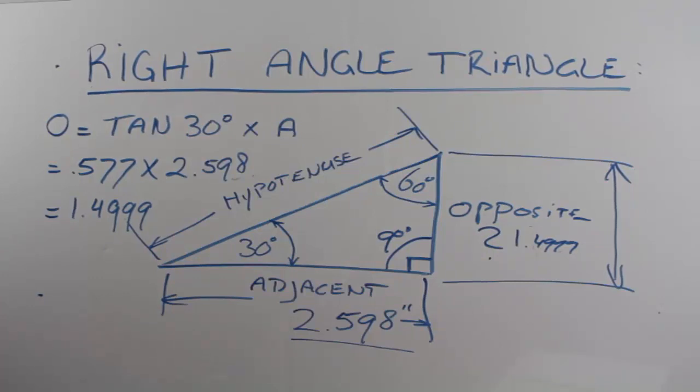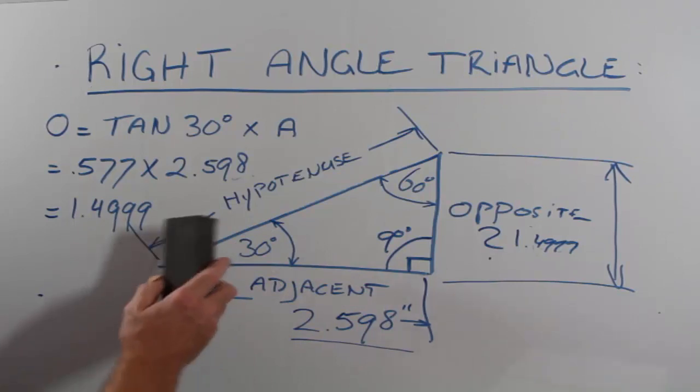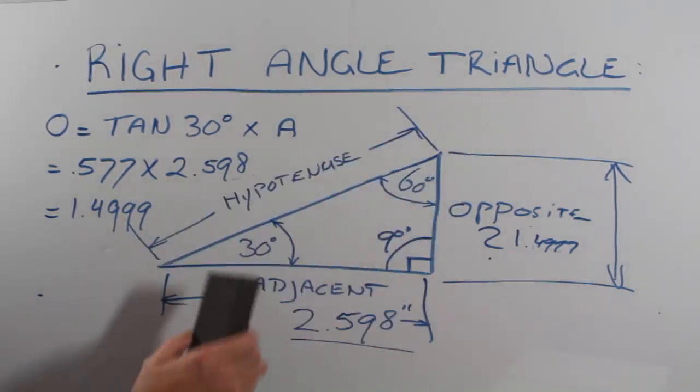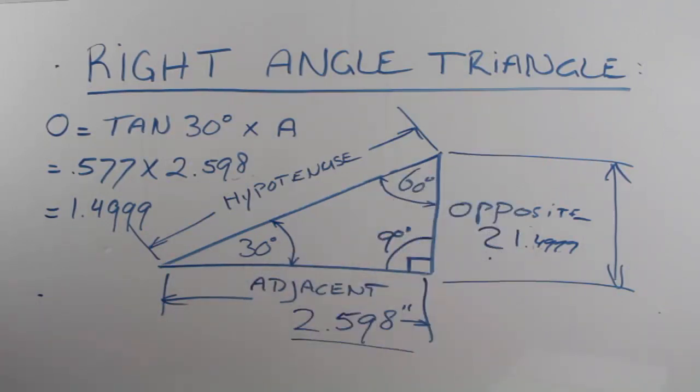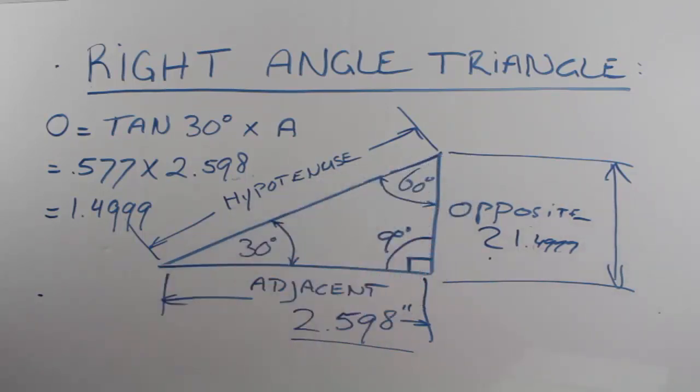Up to this point we have worked with this 30-degree angle, and we assumed that we know the lengths of these legs to be able to calculate the opposite leg. Now let's say that we're going to be using this 60 degrees to do the calculations.